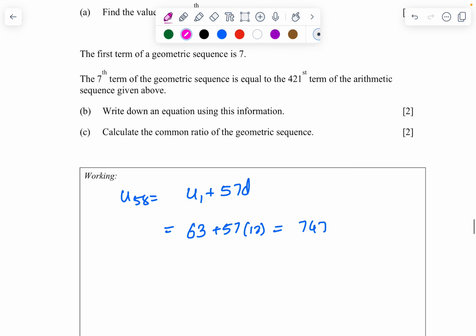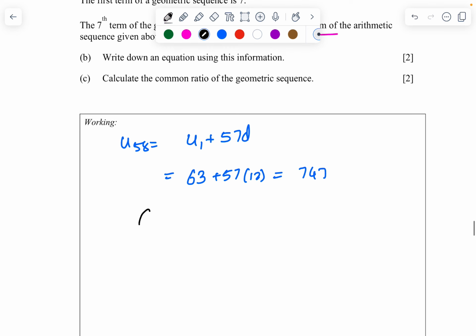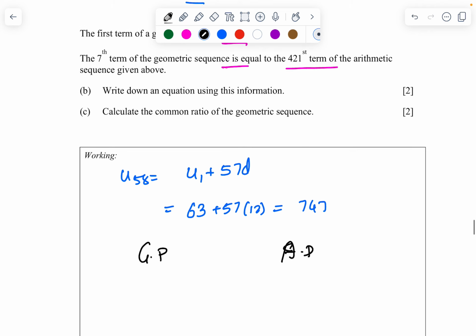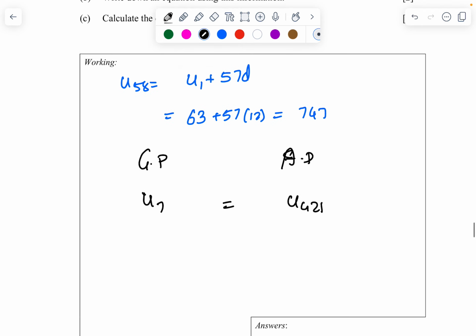The first term of a geometric sequence is 7. The seventh term of the geometric sequence equals the 421st term of the arithmetic sequence. So over here, the seventh term U7 equals U421. So this is u1 r to the power of 6 equals u1 plus 420d.